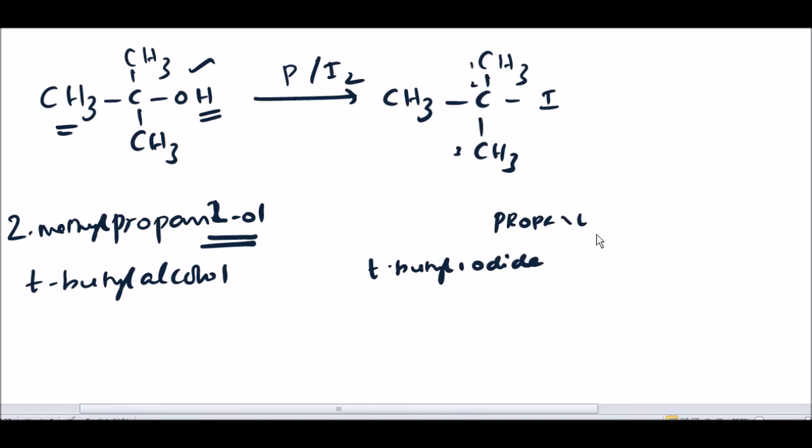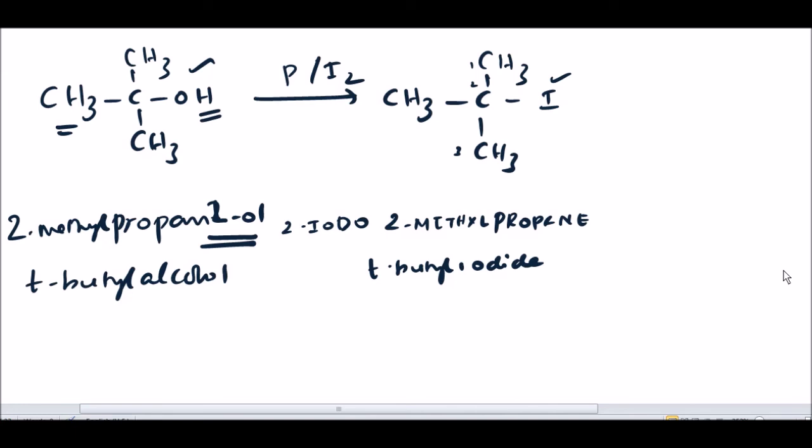Now the methyl group is present at the second position, so you call it 2-methyl, and iodo is also at the second position, so 2-iodo, 2-methyl propane. That would be the IUPAC name of the compound.